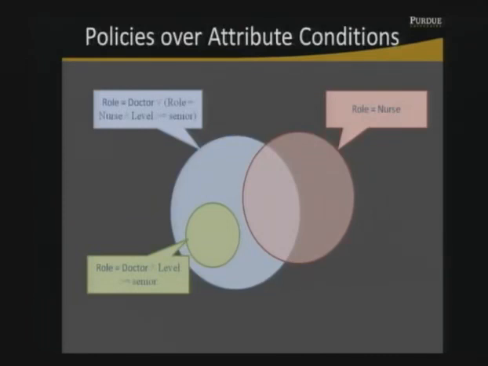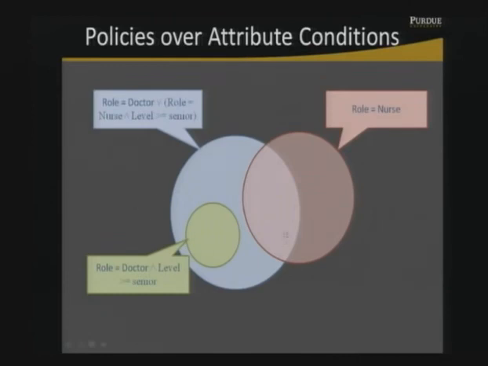And policies are defined based on attribute conditions. These attribute conditions are formed from the attributes. So this example shows three policies, and depending on the attributes, users satisfy different policies.